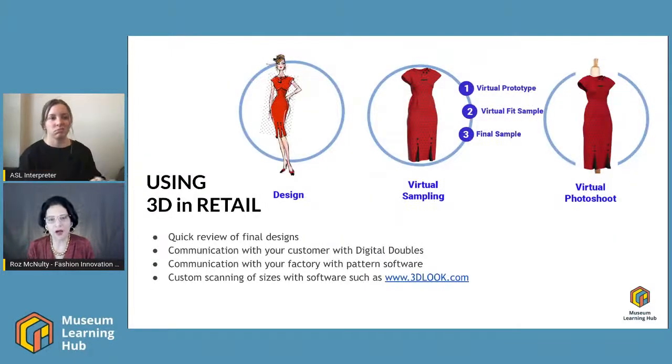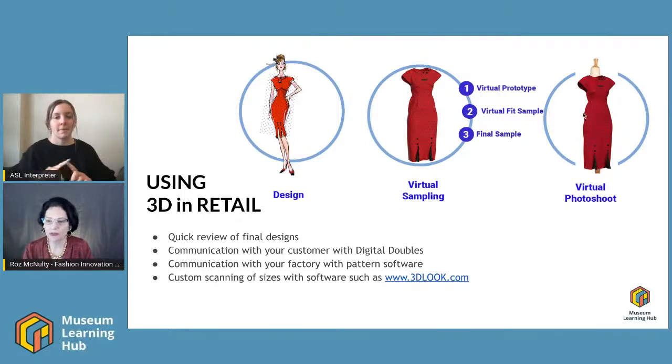So in retail, how it works is someone comes up with a concept, and using 3D apparel, you can actually do a prototype. And then you can sit there and say, I want the shoulders longer or shorter. Let's do 2 buttons instead of 3. Let's change that hem length. I want to see the same color as the dress.